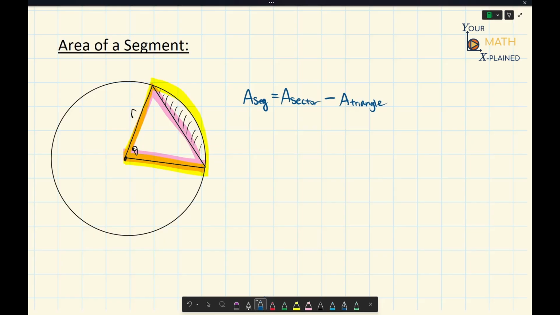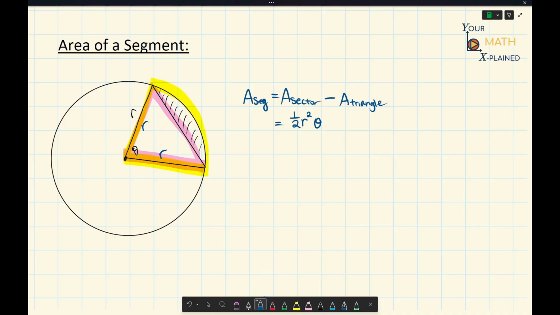Now from the previous video, we know that the area of a sector is 1/2 multiplied by r squared multiplied by the angle theta. And again, remember that this theta must be in radians. And the area of the triangle is what we just covered, which is 1/2 multiplied by AB sine C. But here, our A and our B are both r.